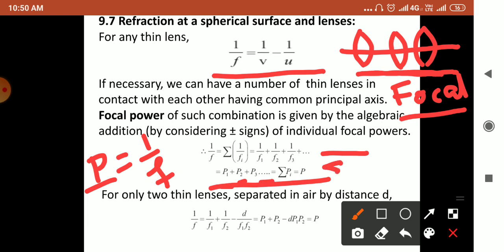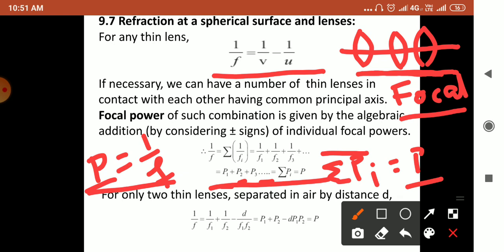It gives summation of Pi, which is equal to P. So commonly P is equal to 1 upon f, that is, focal power is the reciprocal of focal length. So as focal length increases, focal power decreases. As focal length decreases, focal power increases.